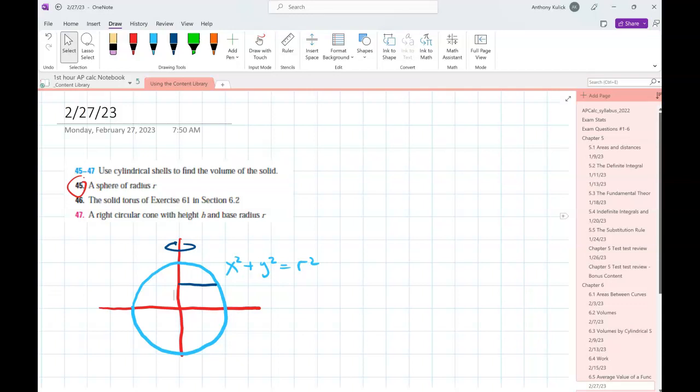Okay. So this distance here is the height, or the radius, excuse me. And then this is the height, right? Everybody's okay there? I guess in this case, it probably wouldn't matter.